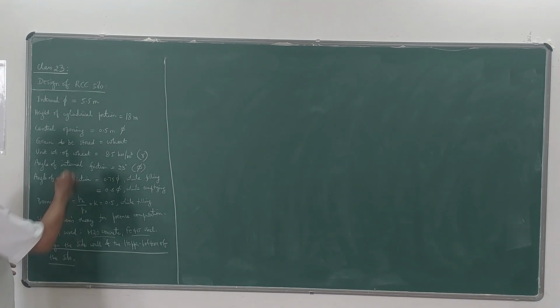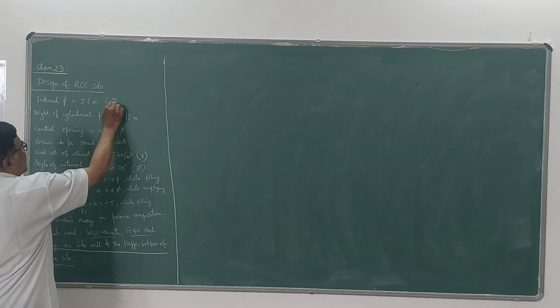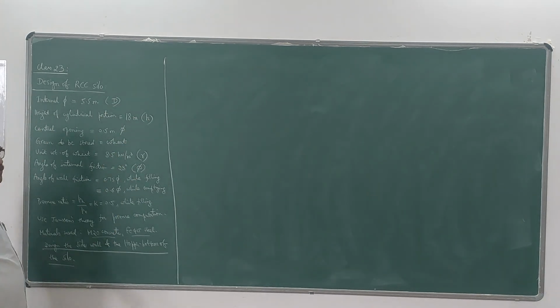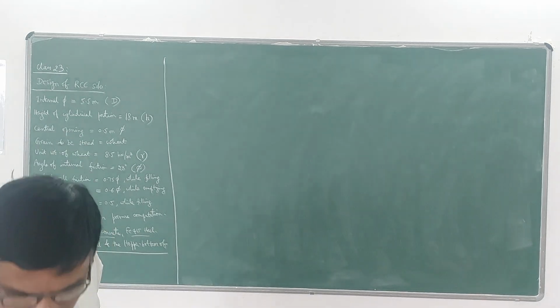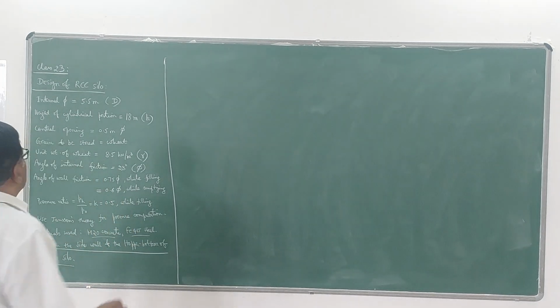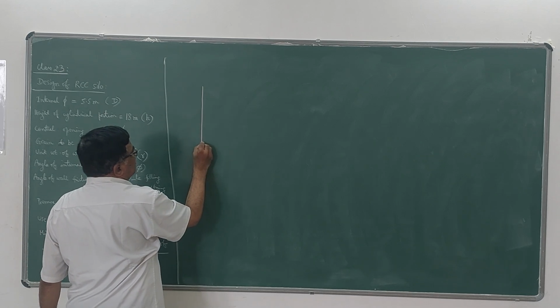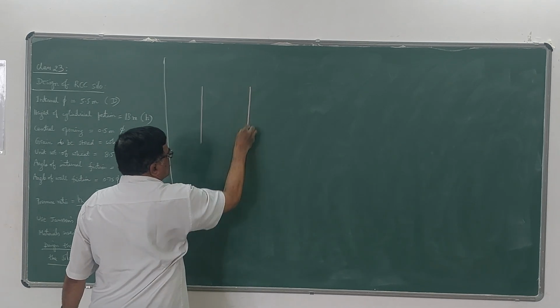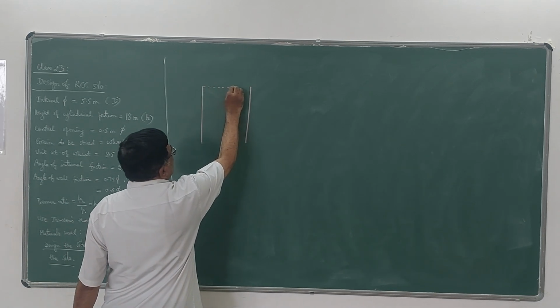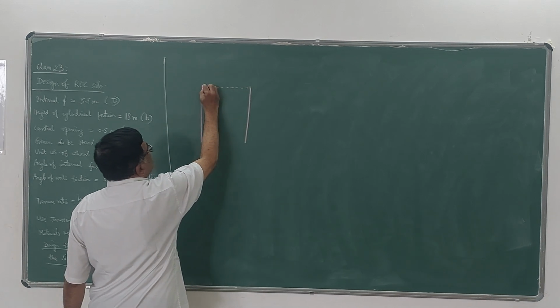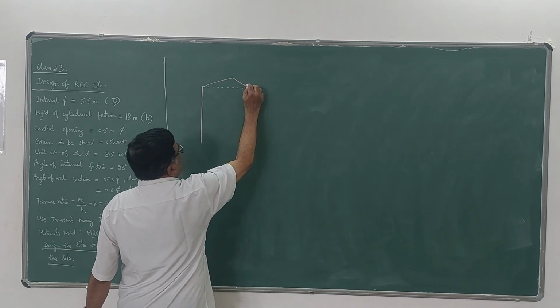So here the internal diameter I am going to take as capital D. Height I am going to take as H. Now I will just try to draw a single line sketch for the silo. So this is the cylindrical portion of the silo. Wheat is stored here.